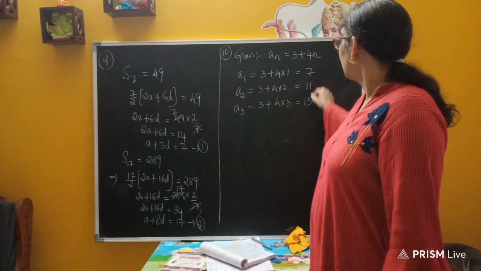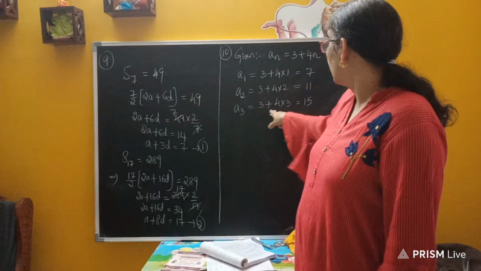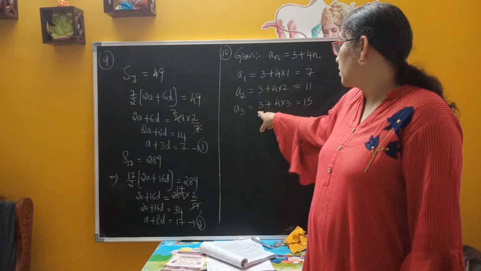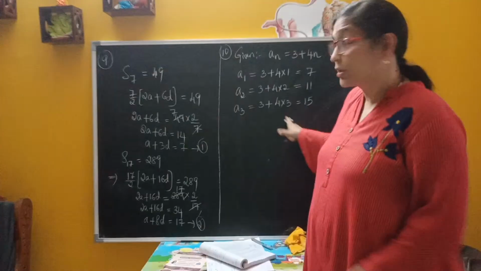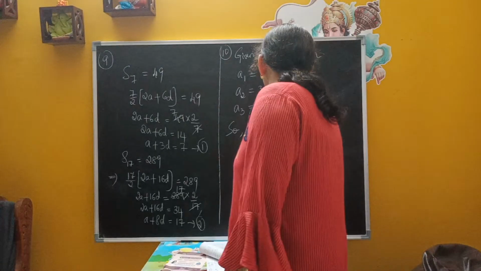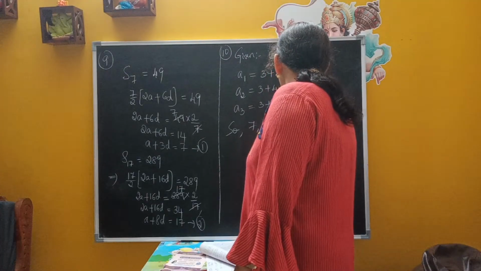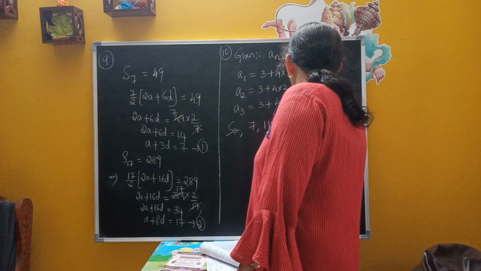Now we got a series of numbers. If we continue with this, 3 plus 4 4s are 16. 16 plus 3 is 19 we get. So therefore the series is 7, 11, 15, 19, etc.